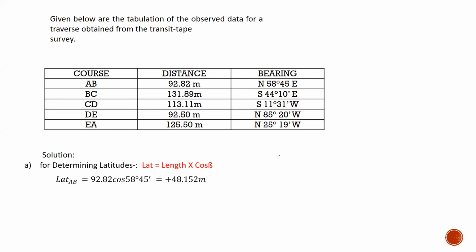Kindly get the sign po. Yes, we have negative 94.607 or 61. So we have negative 94.607 meters. Next, for the latitude of the course CD, that is 113.11 times cosine 11 degrees, 31 minutes. Ilan yan?